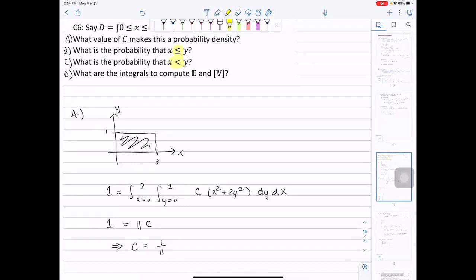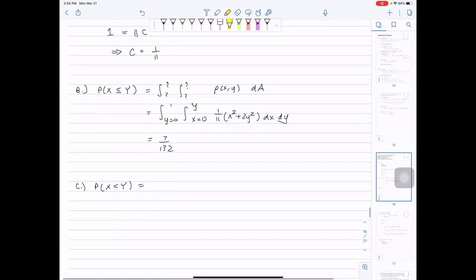Would it not be the same thing, because the probability that you land on the exact point is 0? Yes, exactly. So the probability that x is less than y equals the probability that x is less than or equal to y minus the probability that it's equal to y.